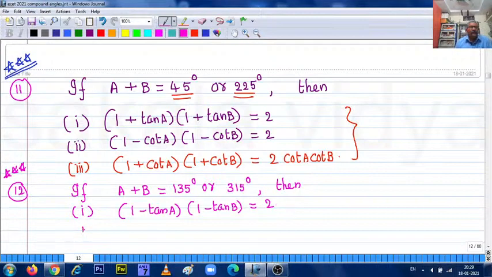Second formula: 1 plus cot A into 1 plus cot B equals 2.